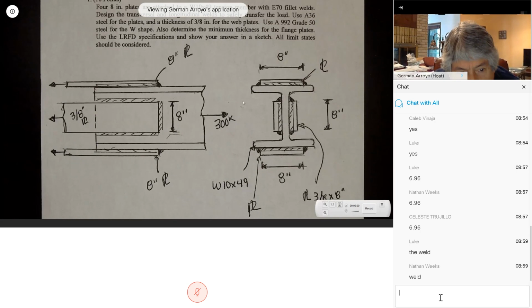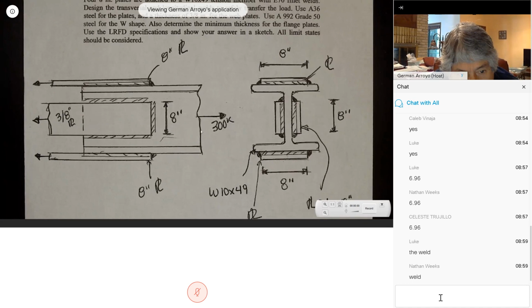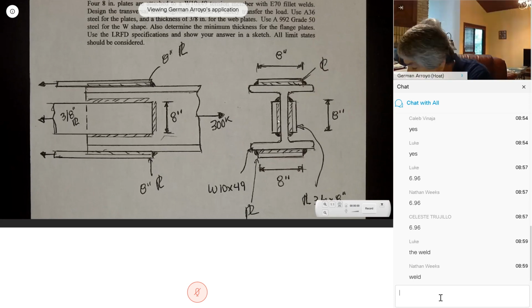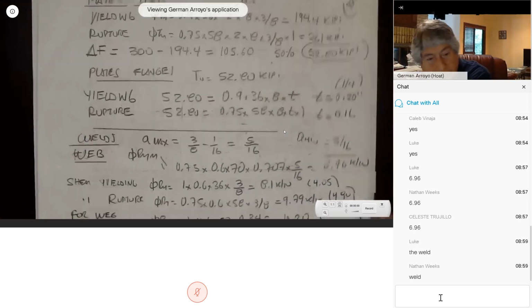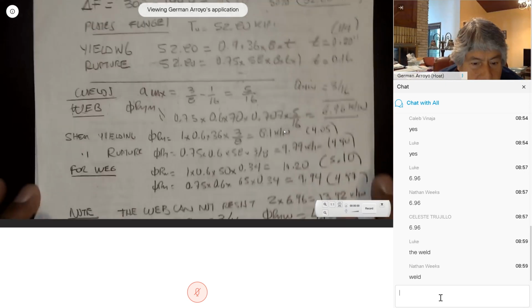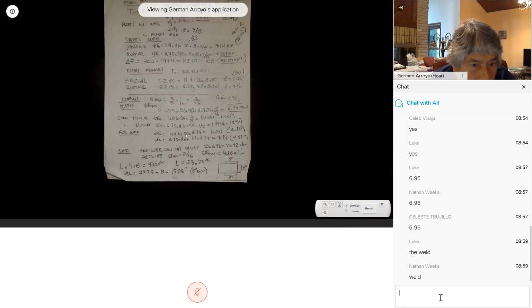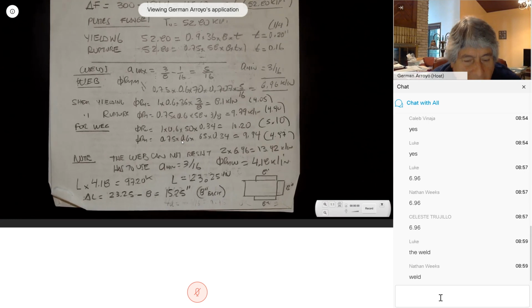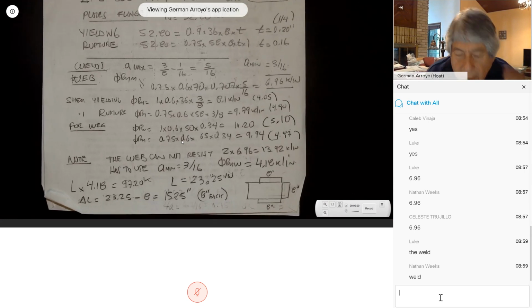So if you look, this is the web, 2 plates. I have weld in here, weld all over. So I put a note at the bottom of the page that the web cannot receive 2 times 6.96, 13.92.